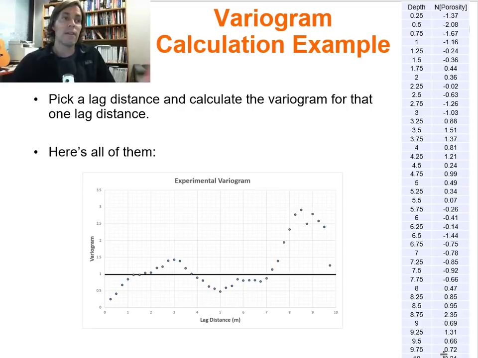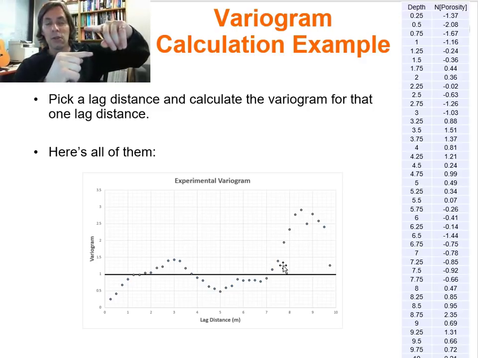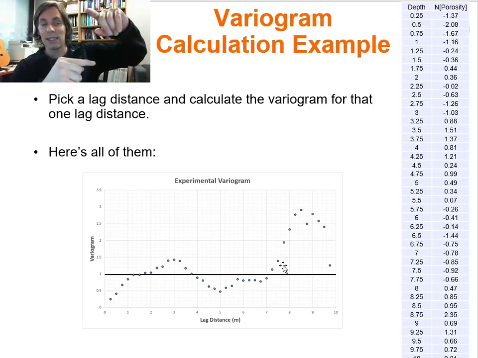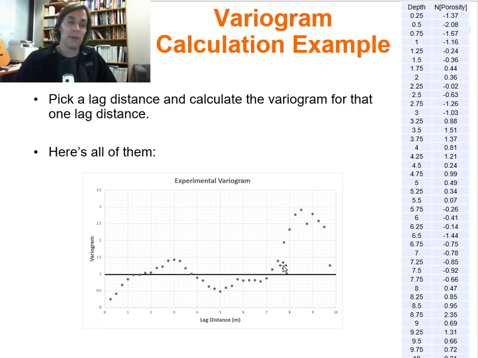We need enough samples to have a good representative statistic. So you'd expect that a lot of this strange behavior is probably a result of having too few pairs. We're comparing the absolute edges of the data set. We're not actually using any of the data in the middle, which is kind of interesting. That's the first observation we can make as far as what's going on with this degree of noisiness.